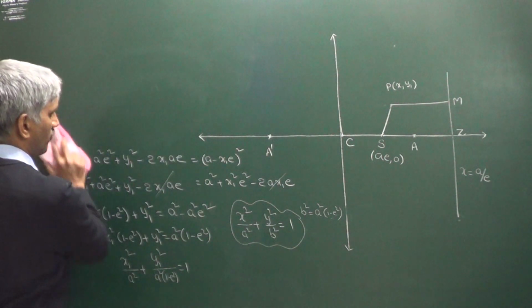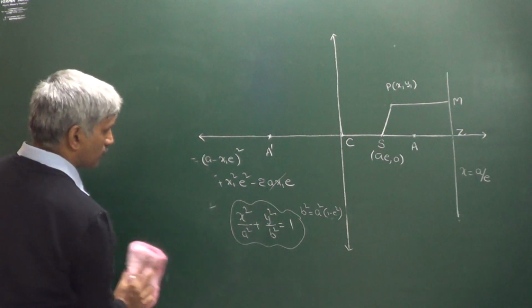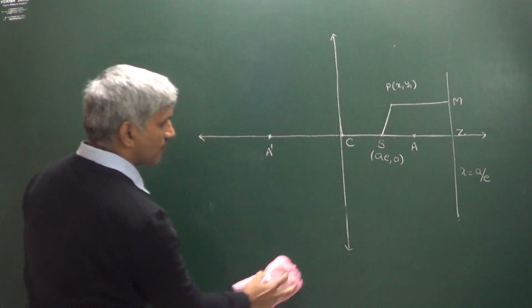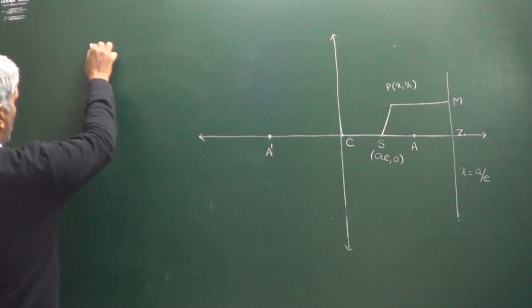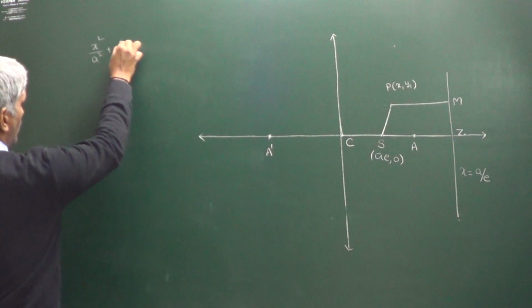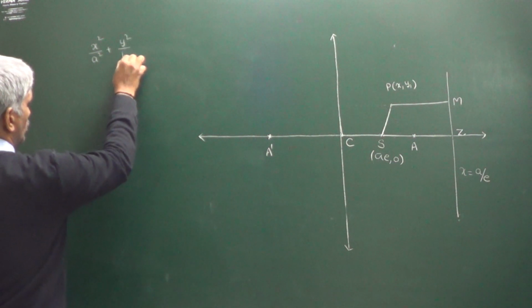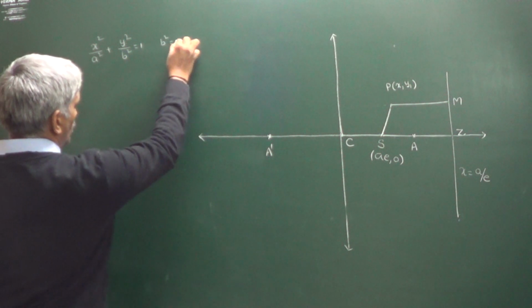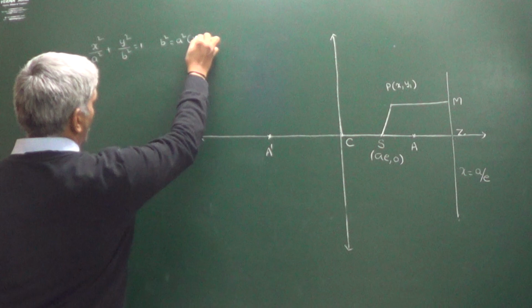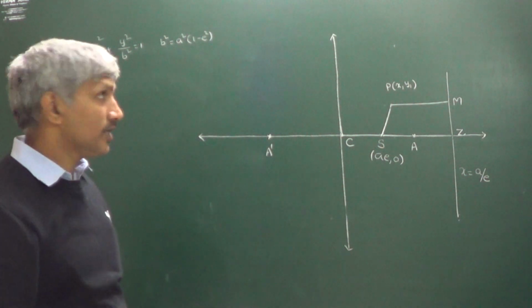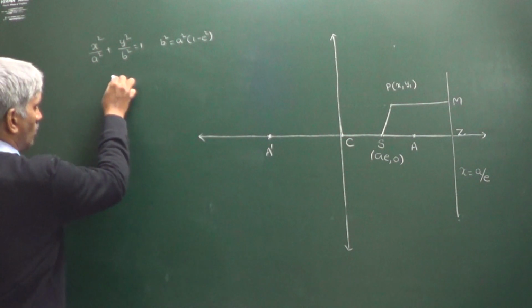Now with the help of the equation of an ellipse, we are going to draw the diagram for an ellipse. The equation of an ellipse is x square by a square plus y square by b square is equal to 1, where b square is equal to a square into 1 minus e square. Now you know here e value is less than 1.